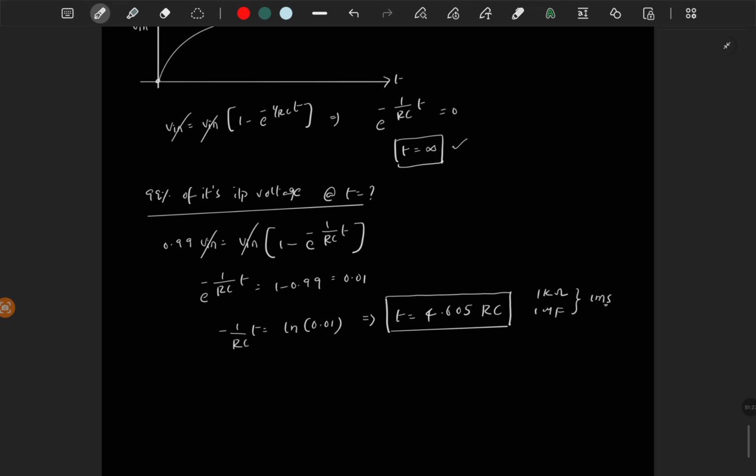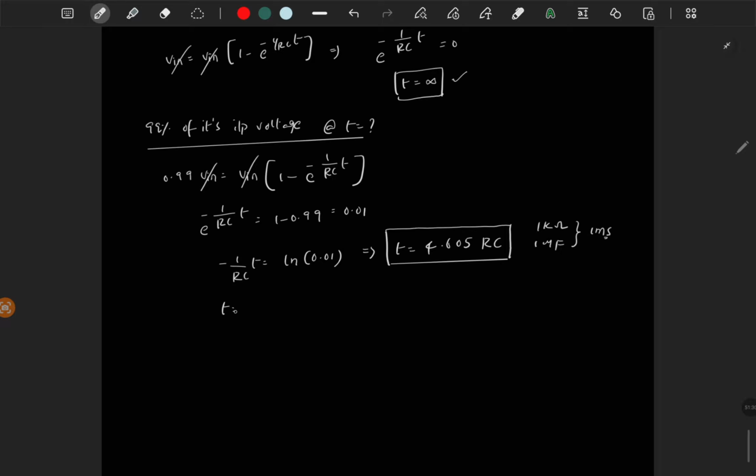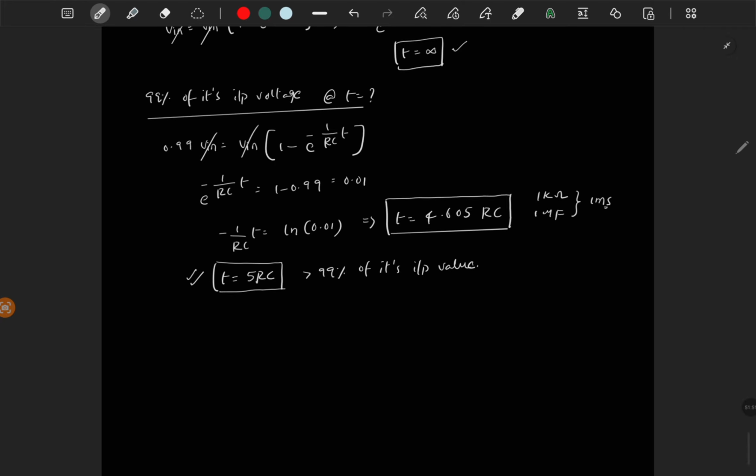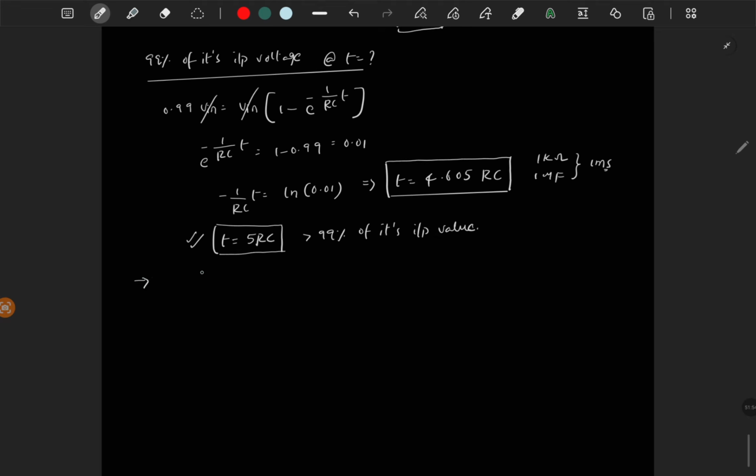If you wait for some more time, let's say 5 times RC, then you will get greater than 99% of its input value. So we generally take this as the steady state time, which is good enough, since it is reaching more than 99% of its input value.